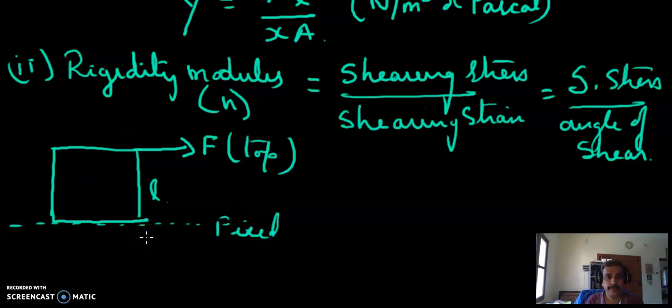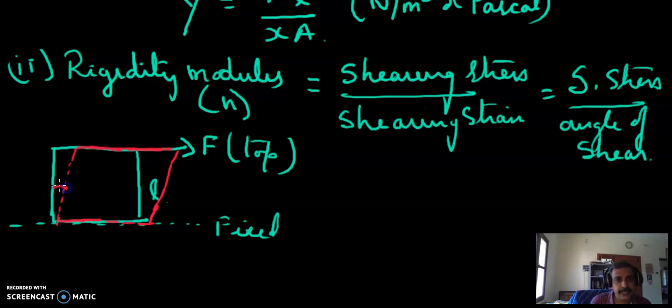Top surface alone I apply a force, right? Now if I apply the force in this fashion, then my cube changes like this, to the new position. Initially it was in this position, now it has changed.